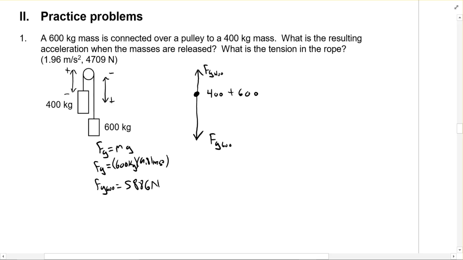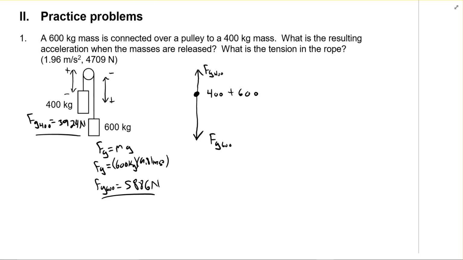On this side, Fg for the 400 is going to be 3,924 newtons. That was just mass times gravity, I just didn't show that time. Okay, so we got that one, we got that one.